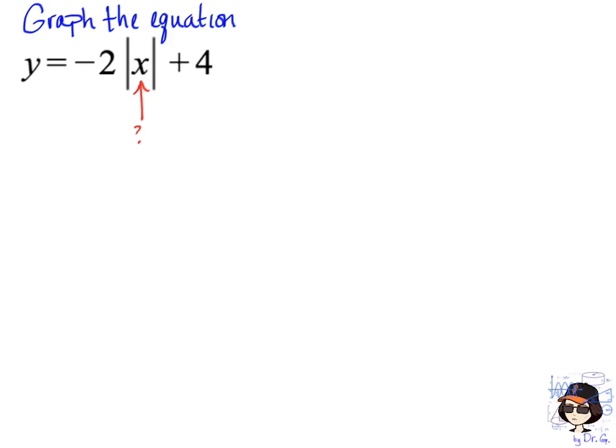Well, this one, it's kind of obvious. All we have inside is x, and so the only thing that can make the inside 0 is x equals 0. So our vertex is going to be at x equals 0. So that means the vertex has x coordinate 0. We still have to find the y coordinate.